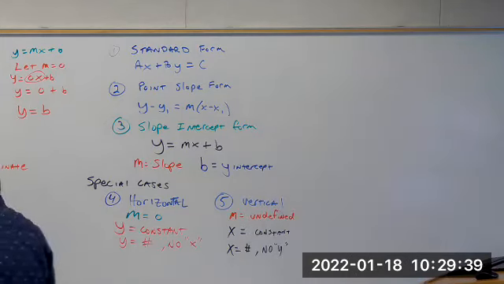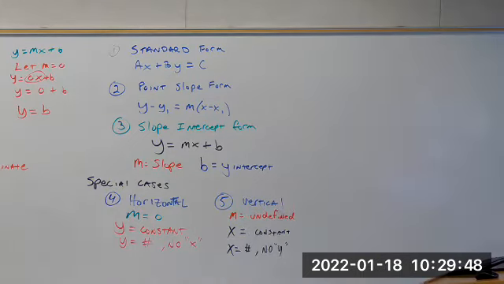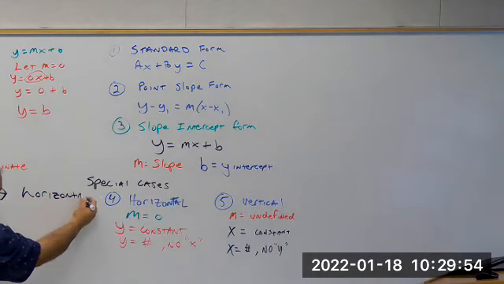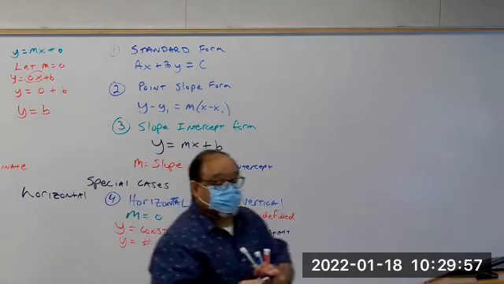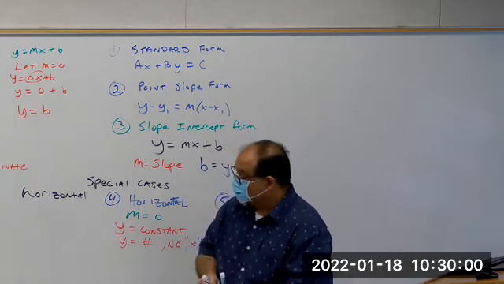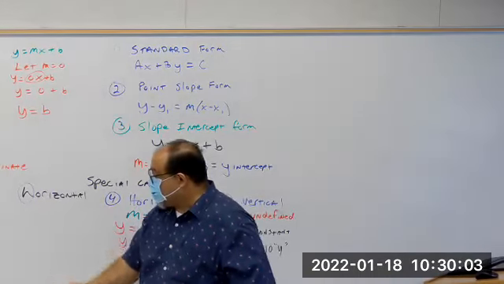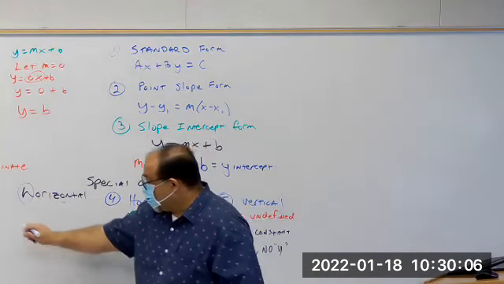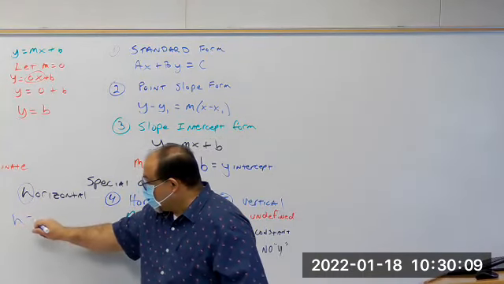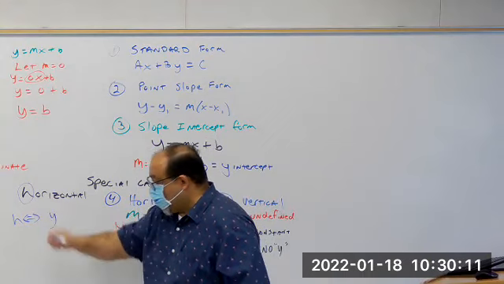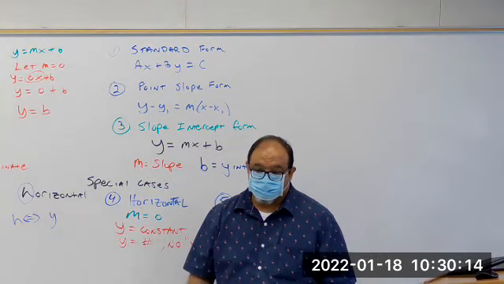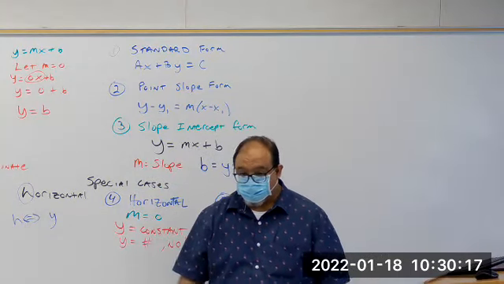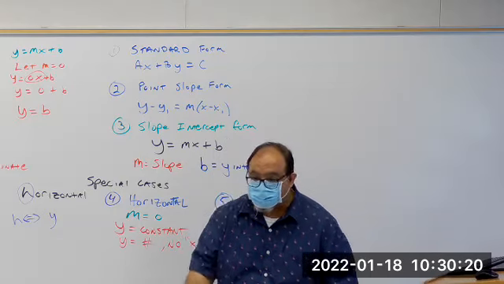So here's the deal. Horizontal is an H. If I spell it with a lowercase h, that lowercase h almost looks like an upside down Y. Almost, if you have a little bit of an imagination.